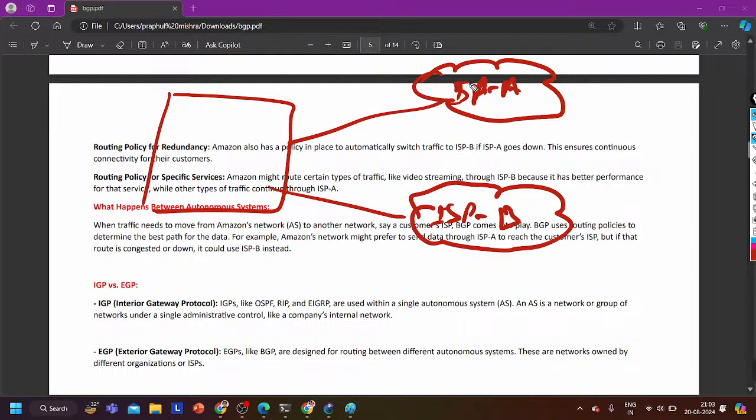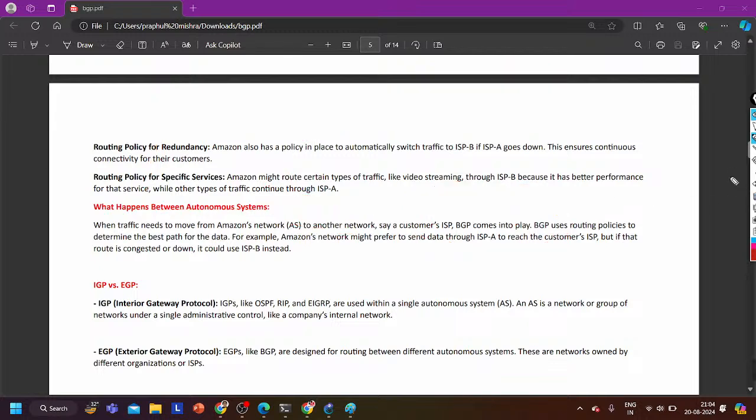If ISP 1 is up, BGP will forward all traffic towards ISP 1. If ISP 1 is not working fine, automatically BGP will forward traffic towards ISP 2. Even we can achieve this with the help of an IGP routing protocol. Yes or no, guys?